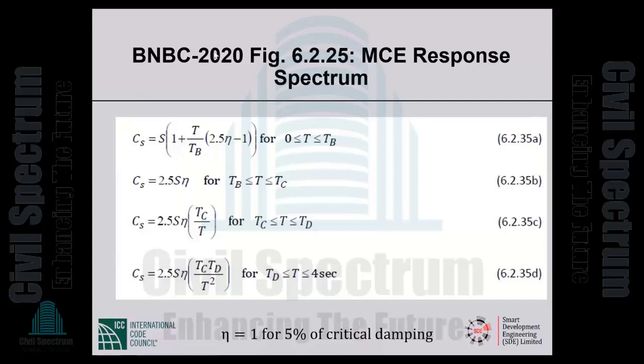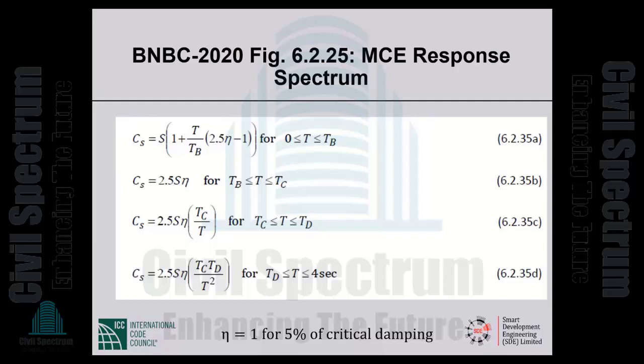Now, in these equations, in all the US codes and standards and much of the rest of the world, 5% of critical damping is assumed. So all the spectra that you will see in ASC 705 are 5% damped spectra. I didn't even mention that.